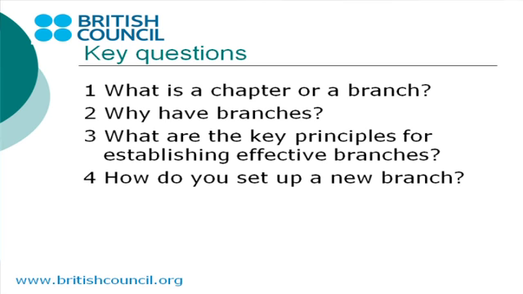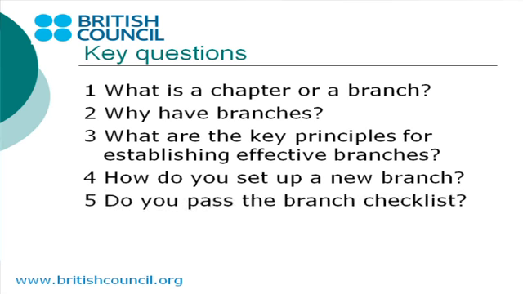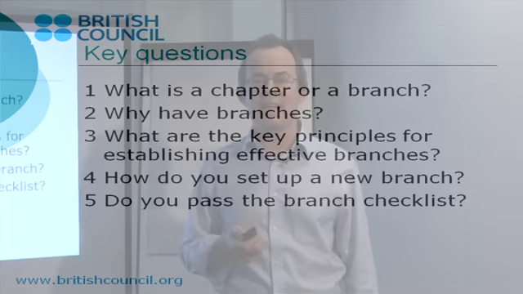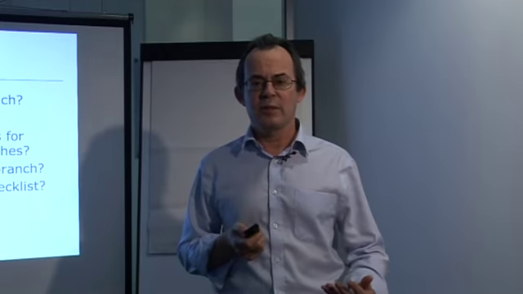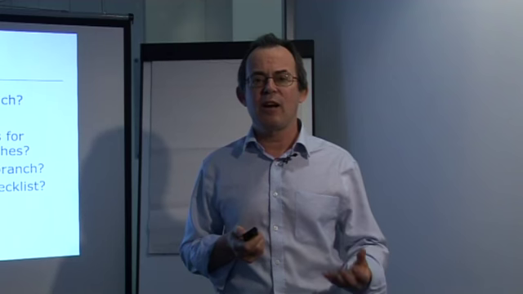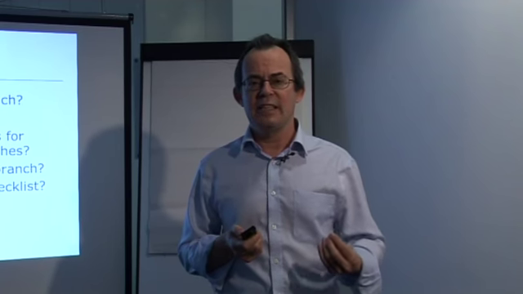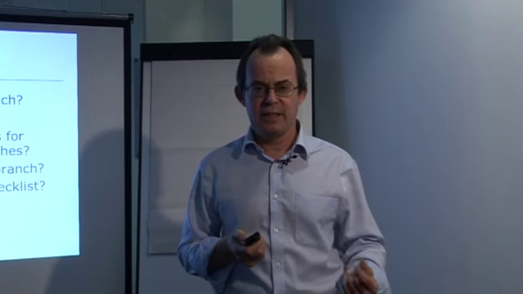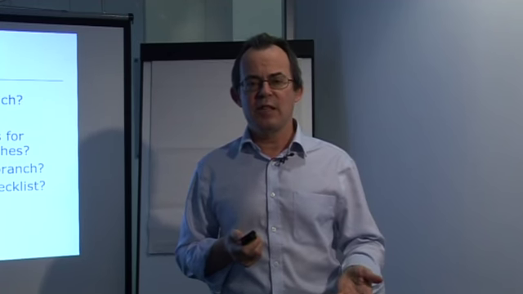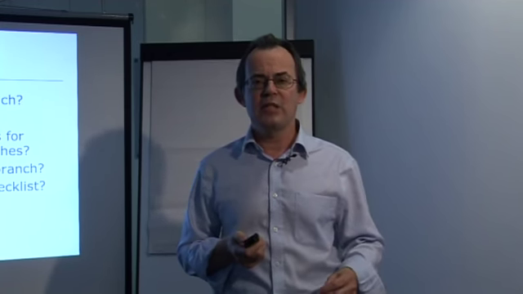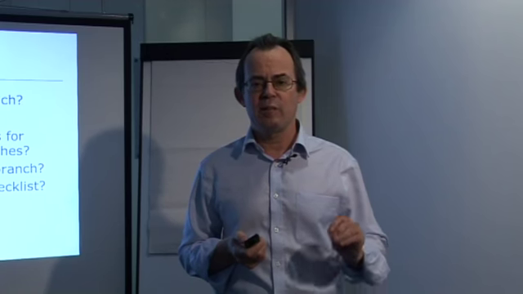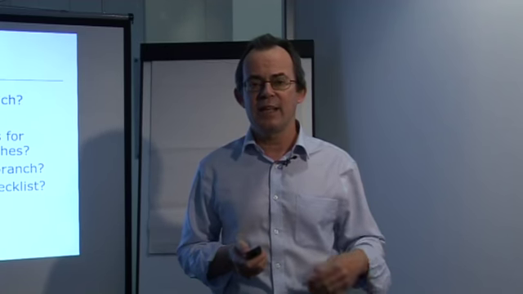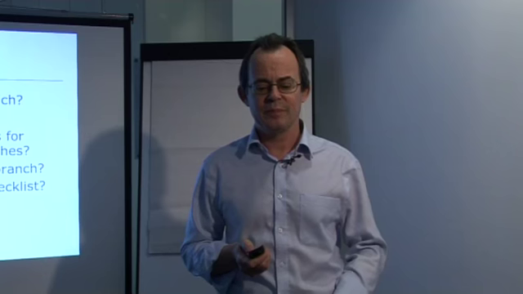Fourthly, how do you set up a new branch or chapter? And finally, do you pass the branch checklist? This will be a checklist which will help you to establish whether or not any current chapter is actually working as effectively as it might. And as you've probably noticed already, I'm going to use the terms chapter and branch interchangeably throughout this talk.